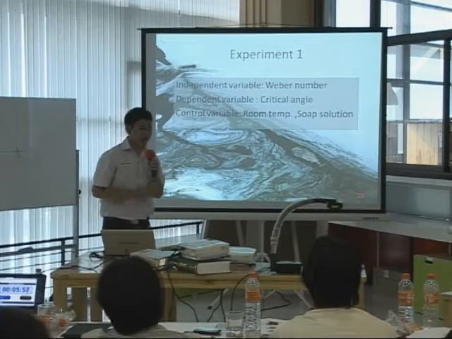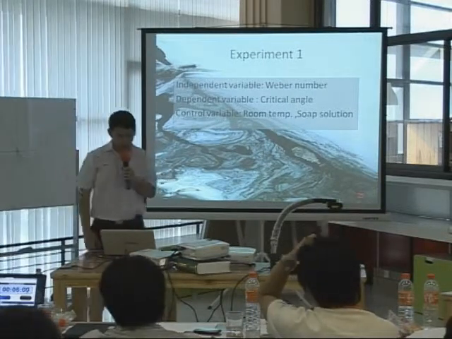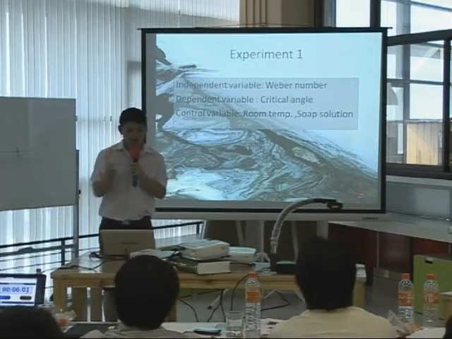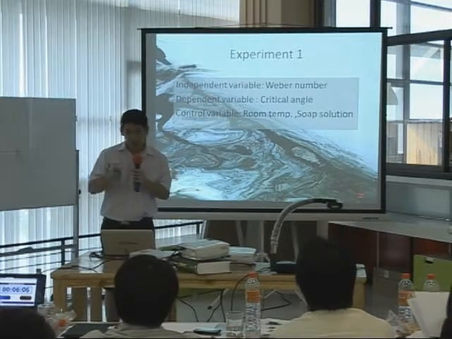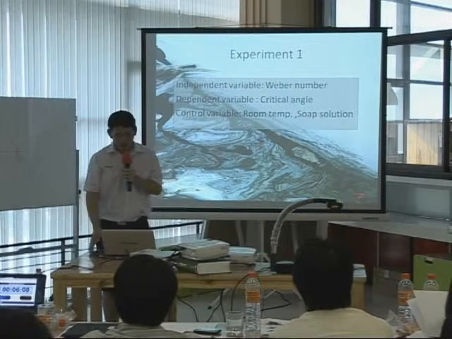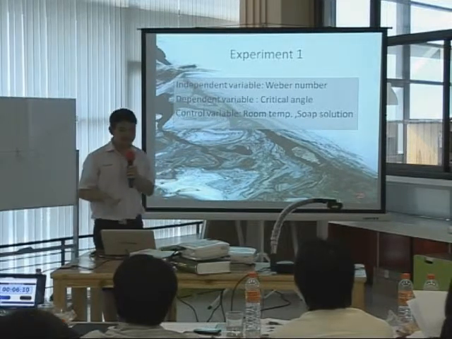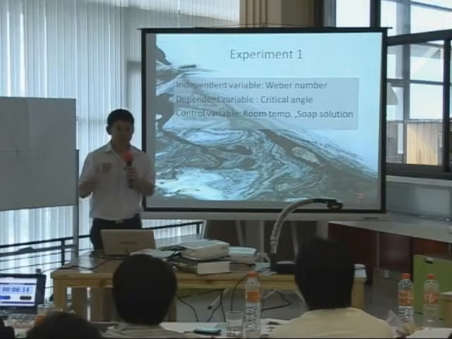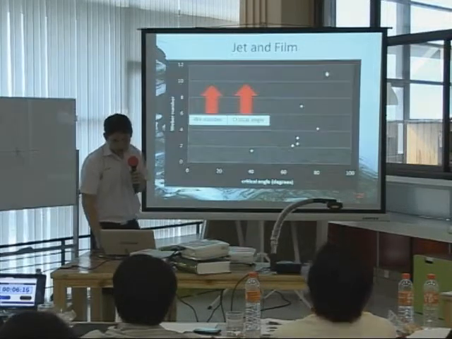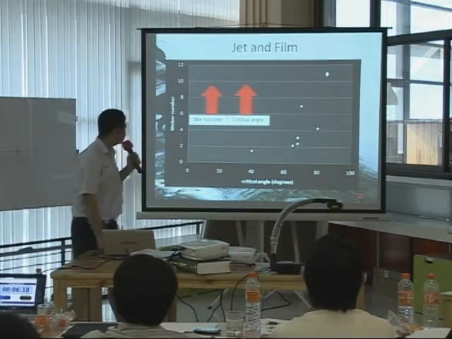Okay, let's start with experiment 1. I want to know, when we change the Weber number, how does the critical angle change? This critical angle means the angle at which the regime changes from refraction to absorption. Here's the result shown as a graph.